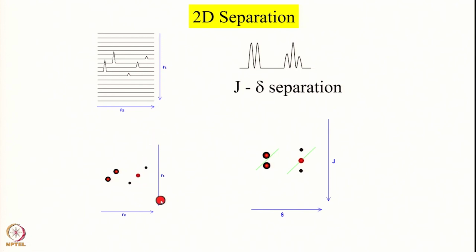Along this frequency axis I will have the J information, and along this axis I have the chemical shift information. Therefore, for a doublet I will have two lines oriented at 45 degrees with a central line, because there is J by 2 and J by 2 on both sides.